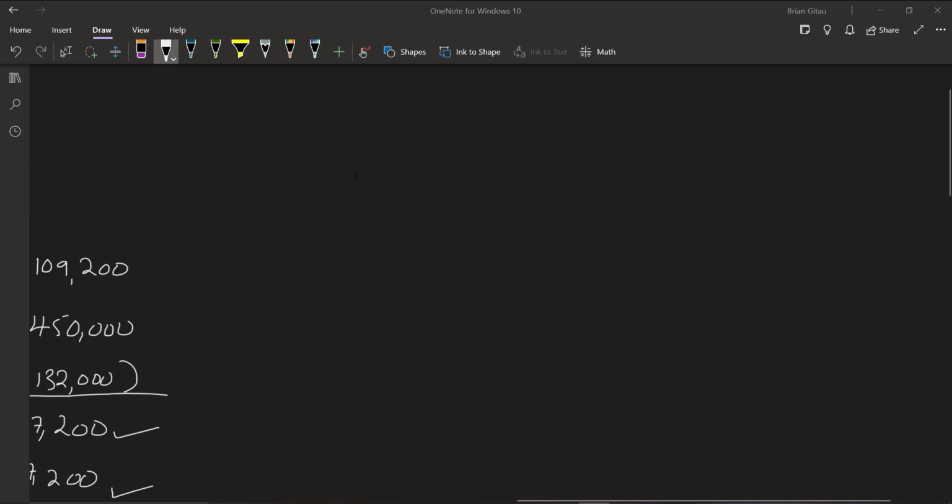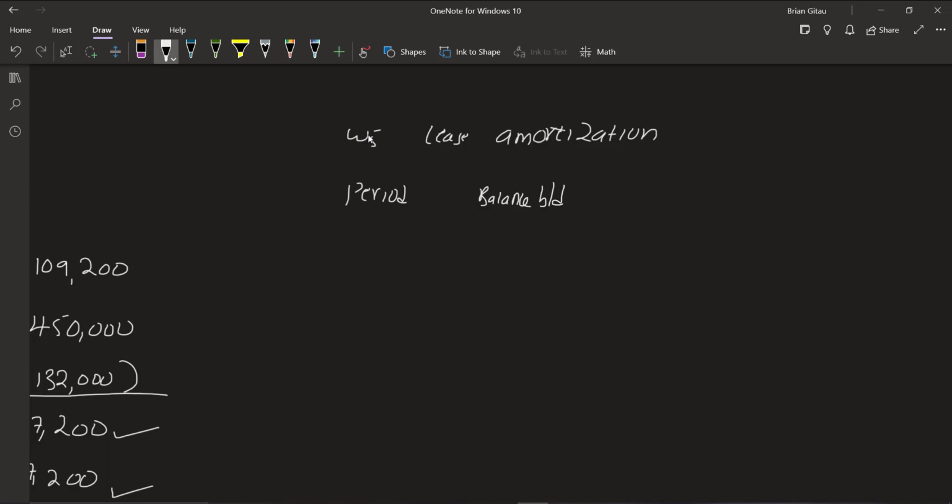So we have working number 5, lease amortization. We create an amortization schedule. We have the period, the balance brought down, the interest, which is at 5% semi-annually.